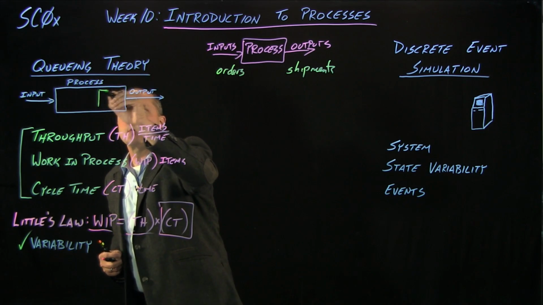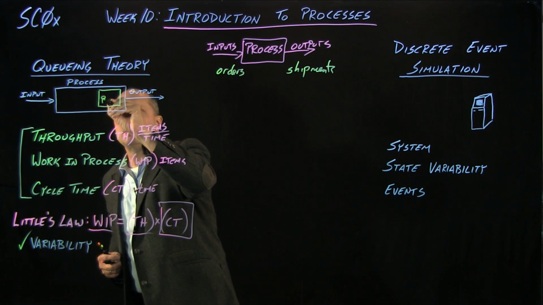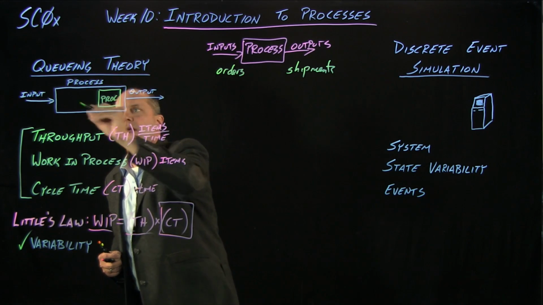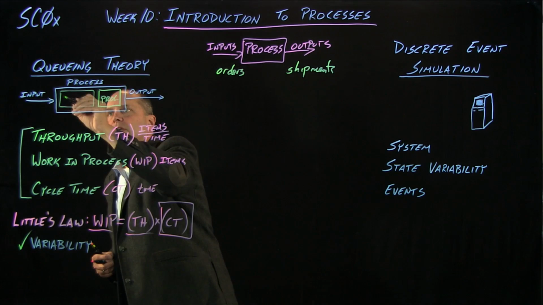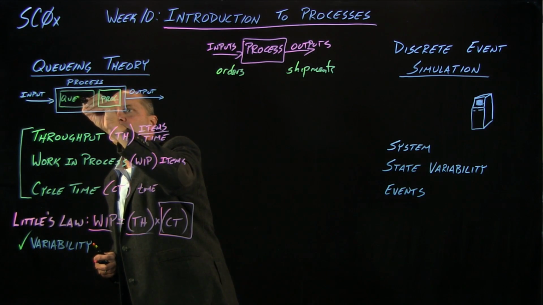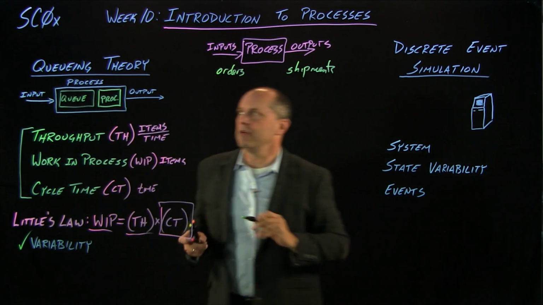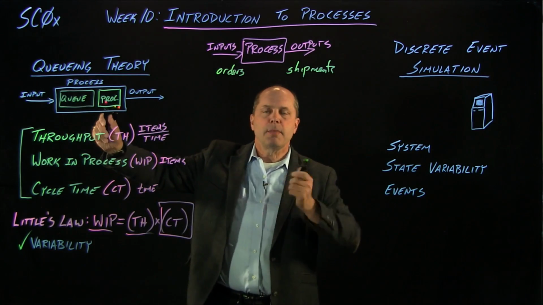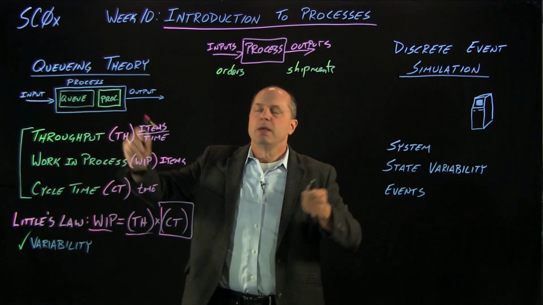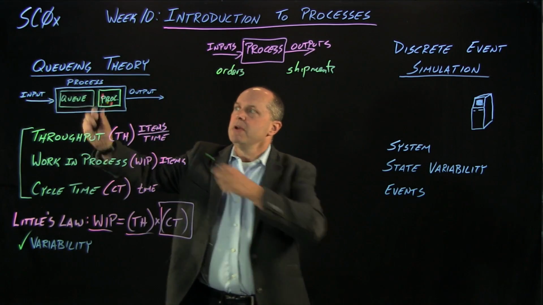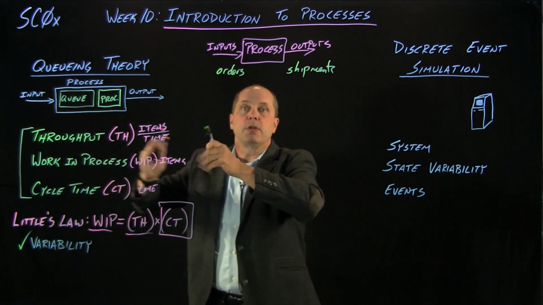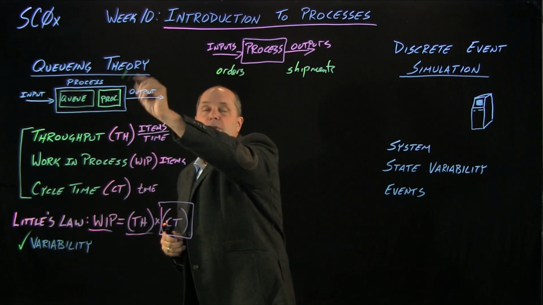And to do this, we want to start breaking up this process into the actual internal process, but also something called a queue. And that's where the name comes for queuing theory. Because as things come in, they might wait for that processing time. And so the way things arrive, they might queue up because there might be variability in how they arrive. There might be variability in how they're processed.